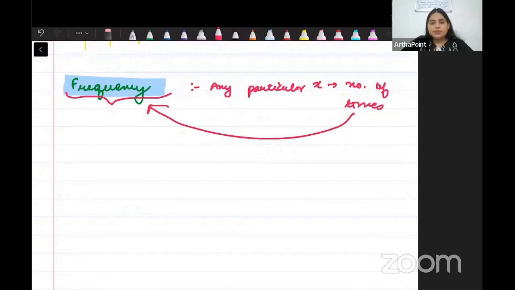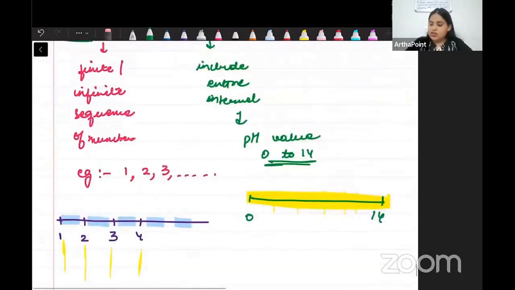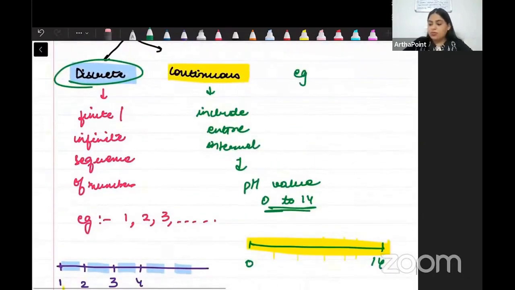But can you write these examples of quantitative variables? Age of a person, that is discrete.